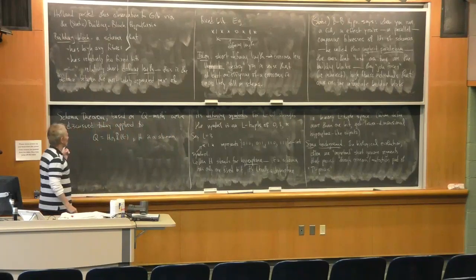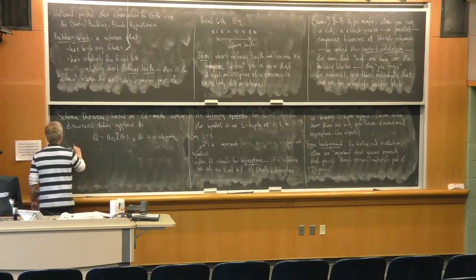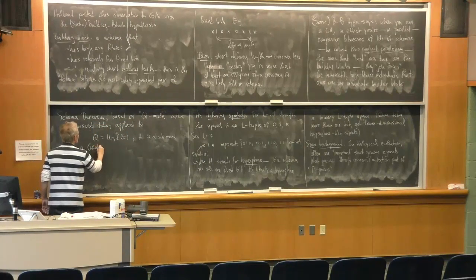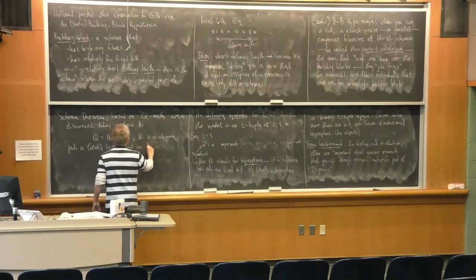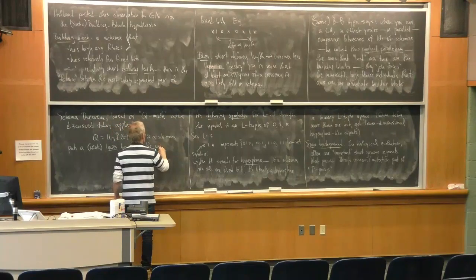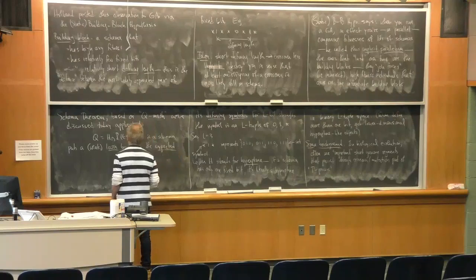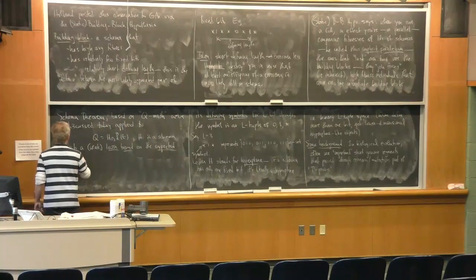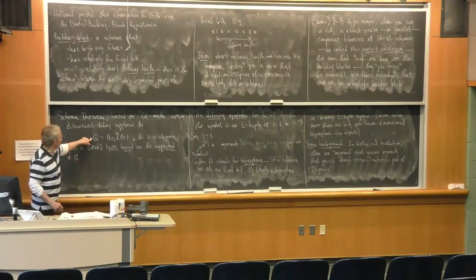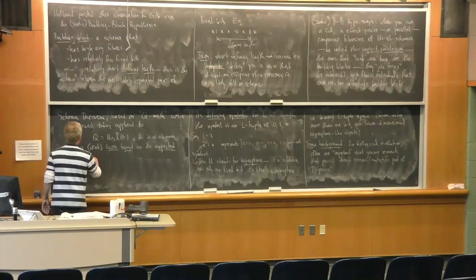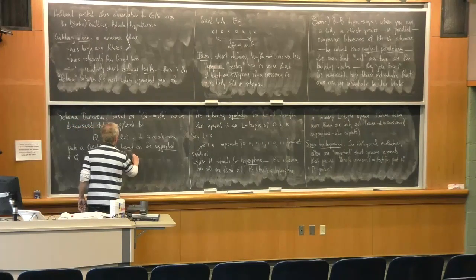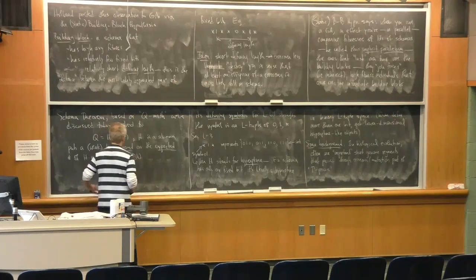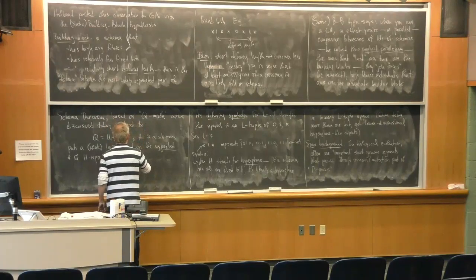What does the schema theorem do? It puts a lower bound, and it's a weak lower bound, on the expected number of H representatives, or QH representatives, in P of T plus 1's parents, so among P of T plus 1 parents.